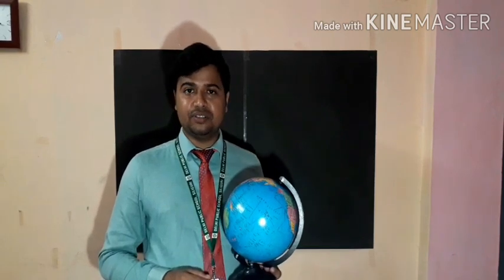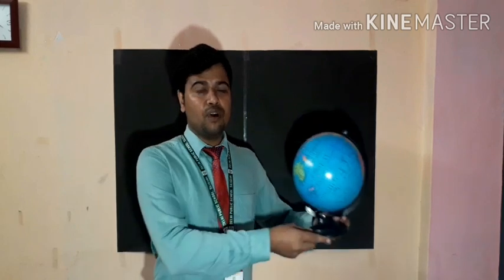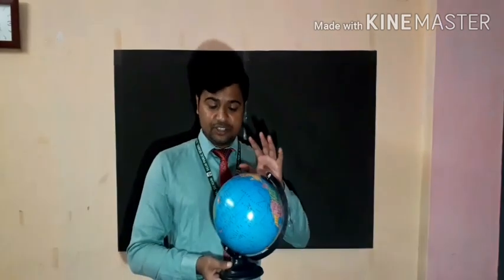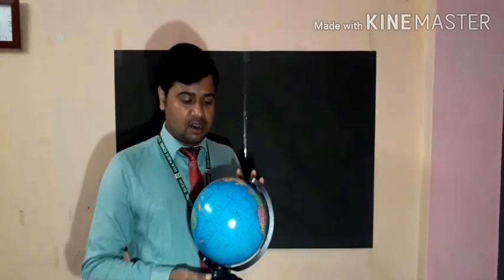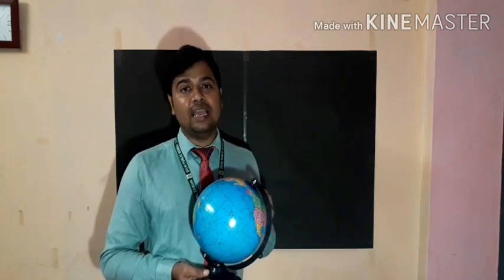But it has some limitations, such as we can't carry a globe from one place to another easily, because of its shape. Another point is, it can't give us detailed information about any particular place. So these are the limitations of globe.